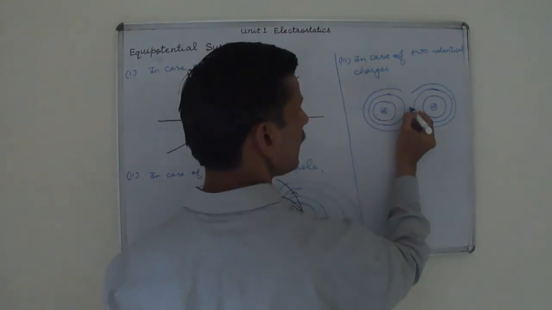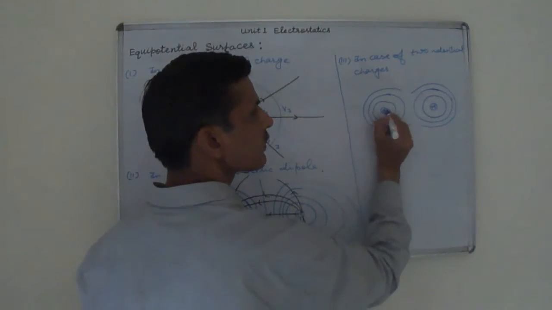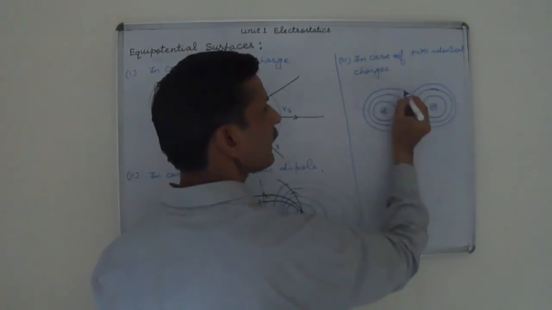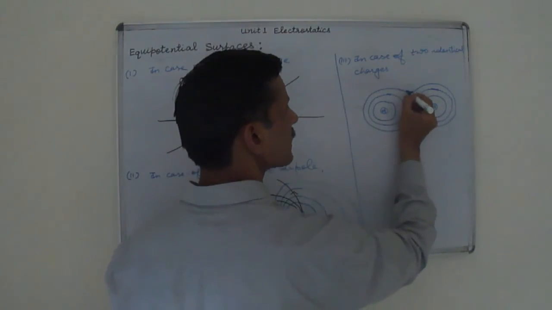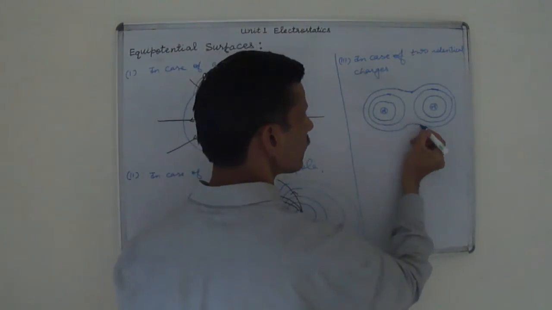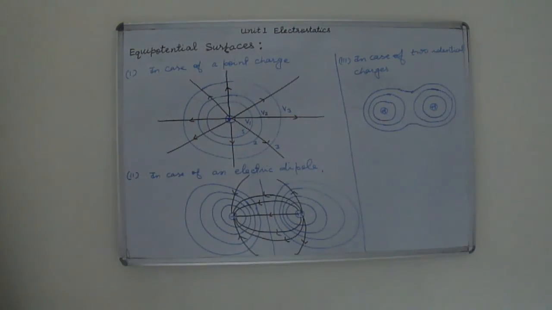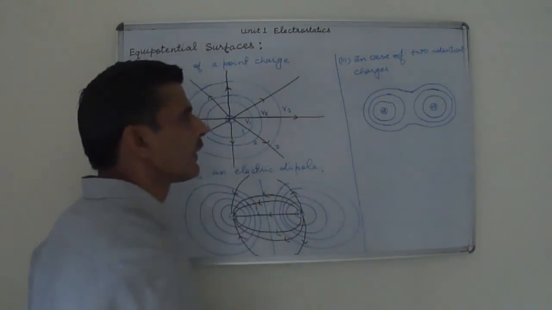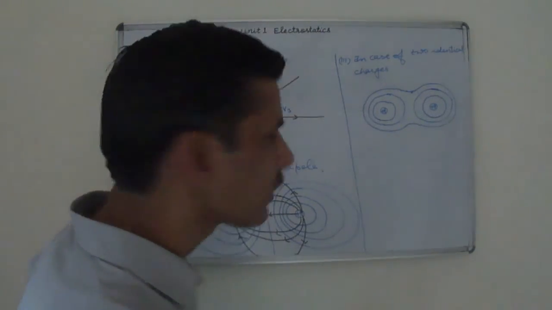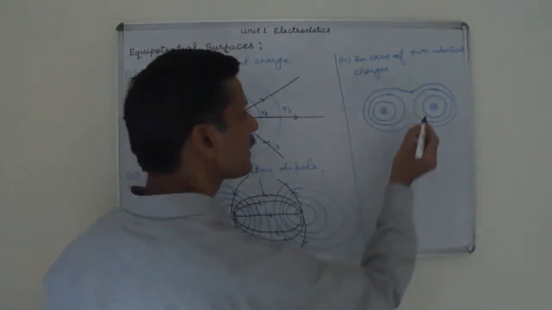Here you can see potential due to this positive charge, due to this surface it becomes like this. You can also draw here electric field lines.